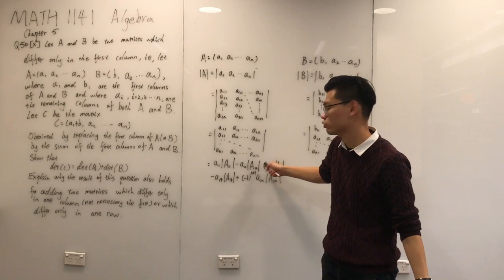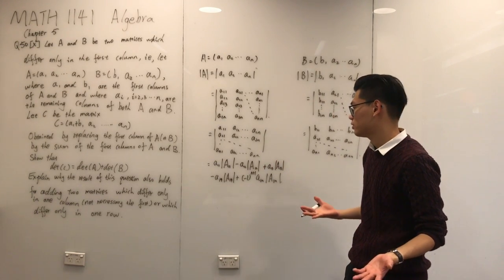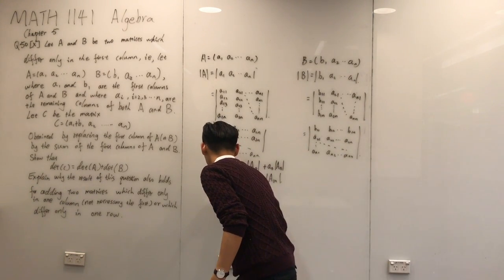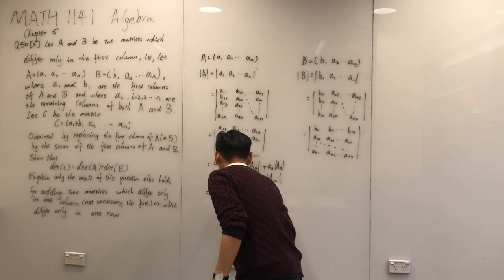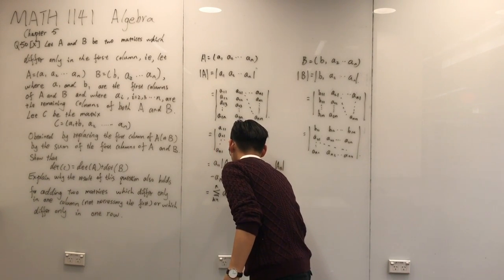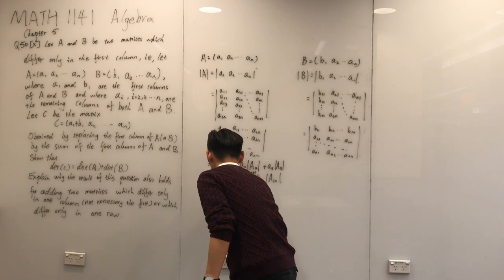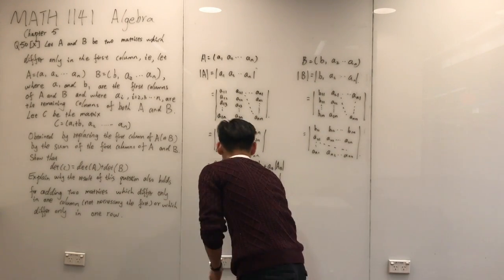Odd number here, you're going to have plus. And then if we want to write it in sum form, which will be k equals 1 to n, A1k, and minus 1. Oh, sorry. Okay.